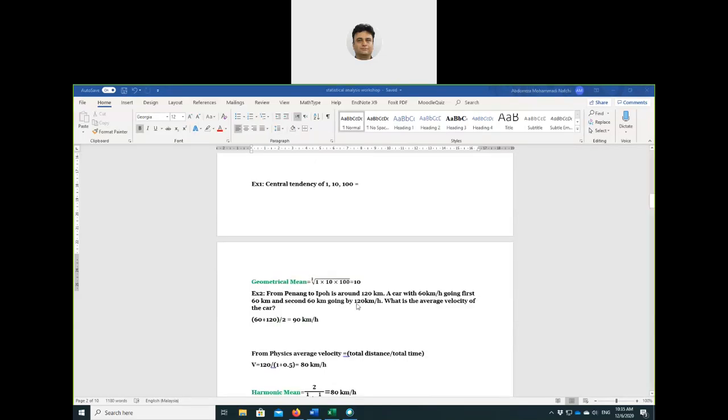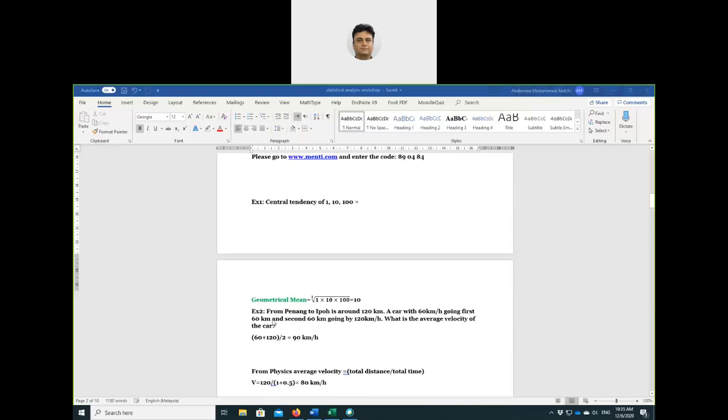Another question arises here. When we are using a car going by 120 kilometers, for example, from Penang to Ipoh is 120.